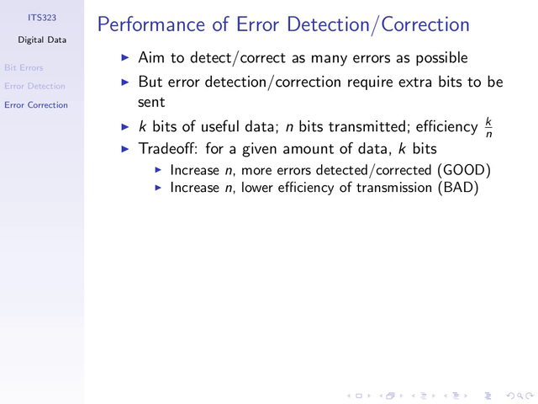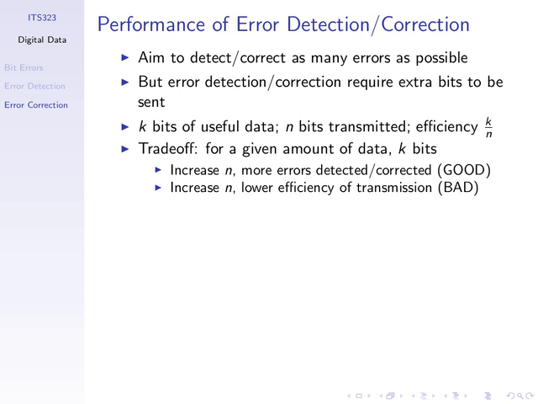But in terms of error detection and error correction capability, if we fix the number of bits of real data and make n larger, we can detect and correct more errors. 2 bits of data, 10 bits of code word, we can detect and correct more errors than with 5 bits.